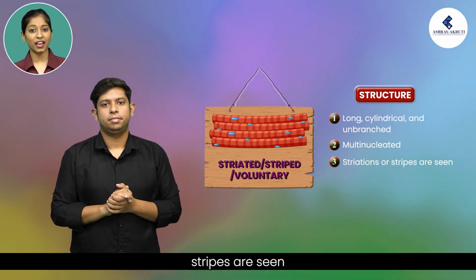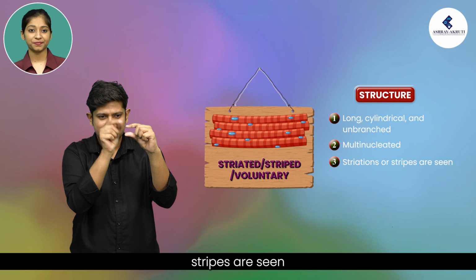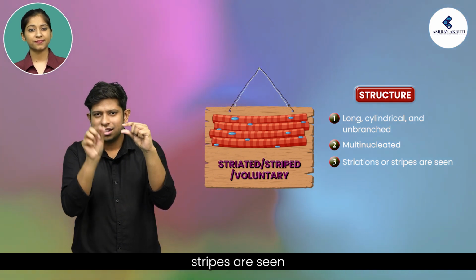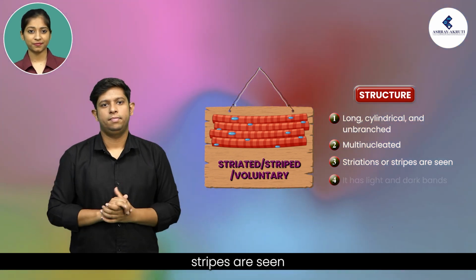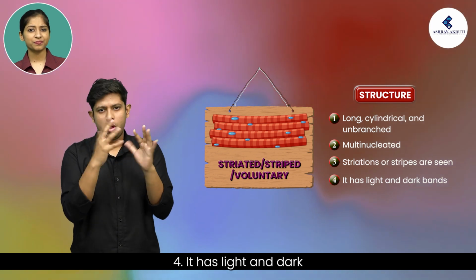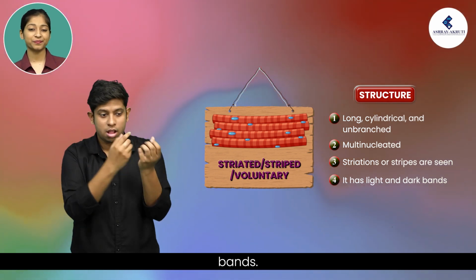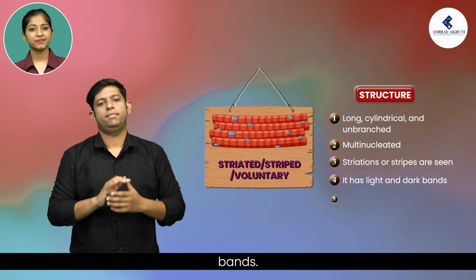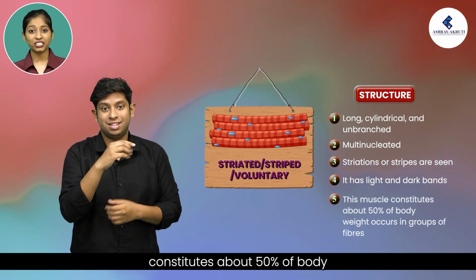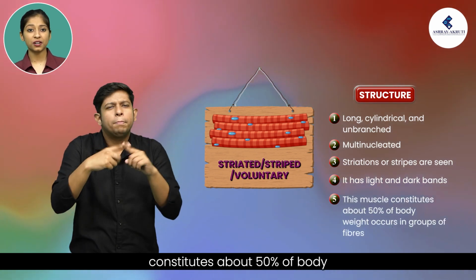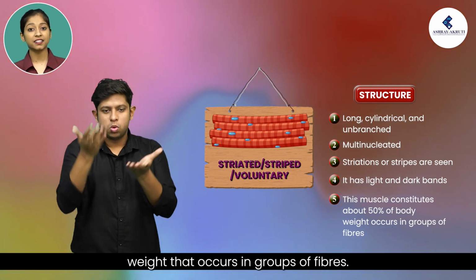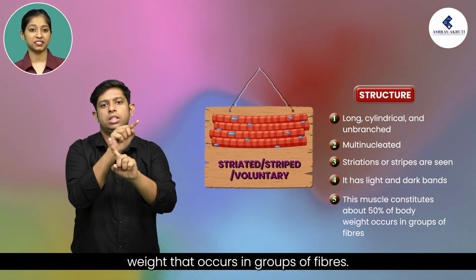Striations or stripes are seen. It has light and dark bands. This muscle constitutes about 50% of body weight, occurs in groups of fibers.